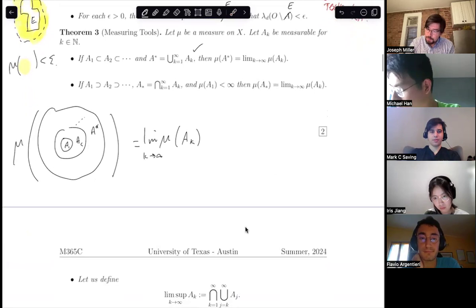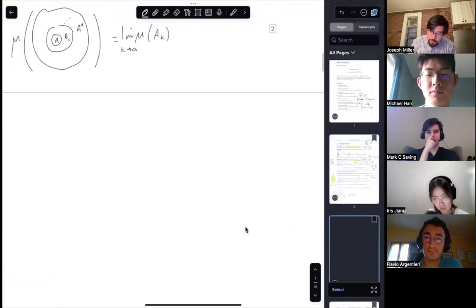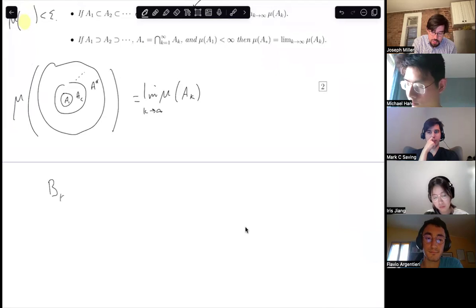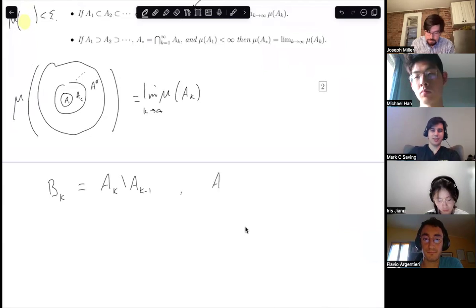So let's try that. That's a great idea. So let's call it, what do you want to call it? Like B? Are you saying something like I let B_k be the difference A_k minus A_{k-1}? Yeah, and then it's helpful to define A_0 to be the empty set so that B_1 is defined. Let's do that. Okay.